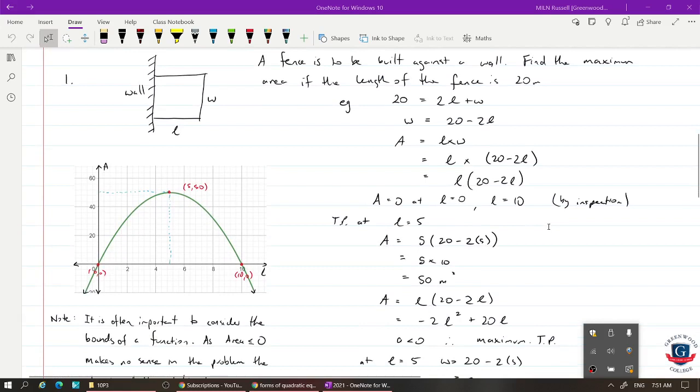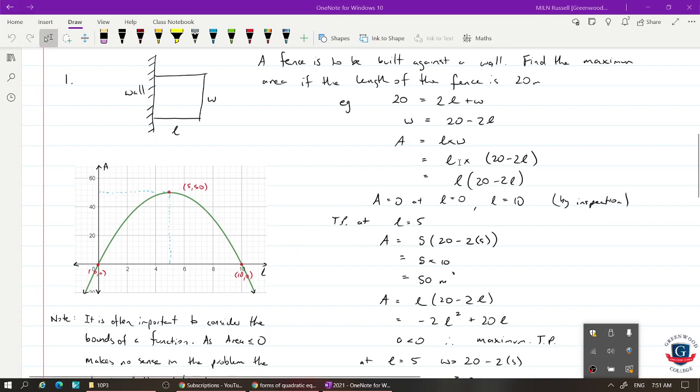Now, looking at this equation here, because it's in factored form, we know that it's going to cross the x-axis at 0, or when 20 take 2L is 0. 20 take 2L equals 0 would be 2L equals 20, L equals 10, and that's this point here.